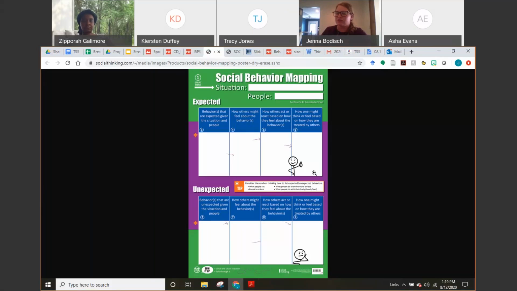It's a little confusing, but it's really helpful for students with executive functioning deficits to be able to think through different situations. It might not even be something that has happened, but this can be used for that curiosity: what might happen? And then the same thing for unexpected behavior, things that we might do that are seen as not appropriate for the situation.